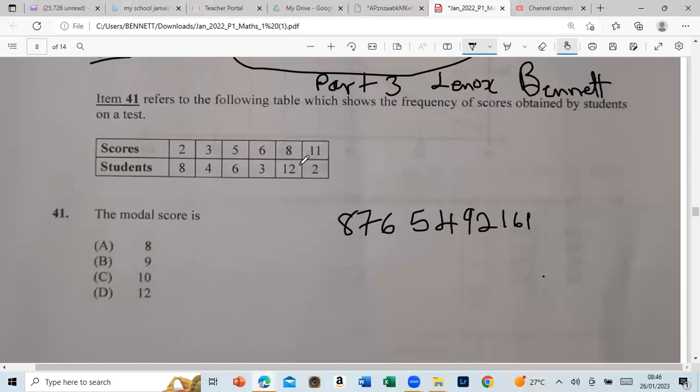So the modal score would be 8, because 12 students, that's the highest number of students, scored 8. So if we should write it out, we'd have something like this: 8, 2, right? And so on. And then you have 4 people scoring 3, 6 people scoring 5, so you have 5, 5, right? So the modal score would be 8, and that's 12 students who scored it.